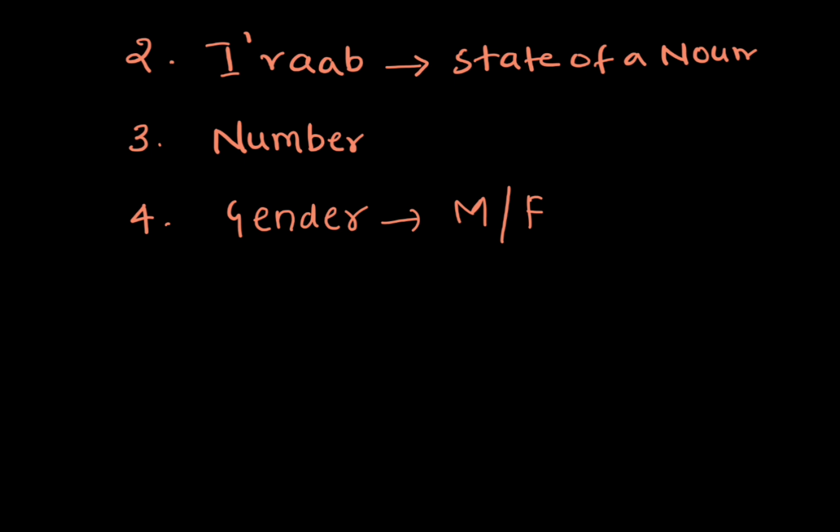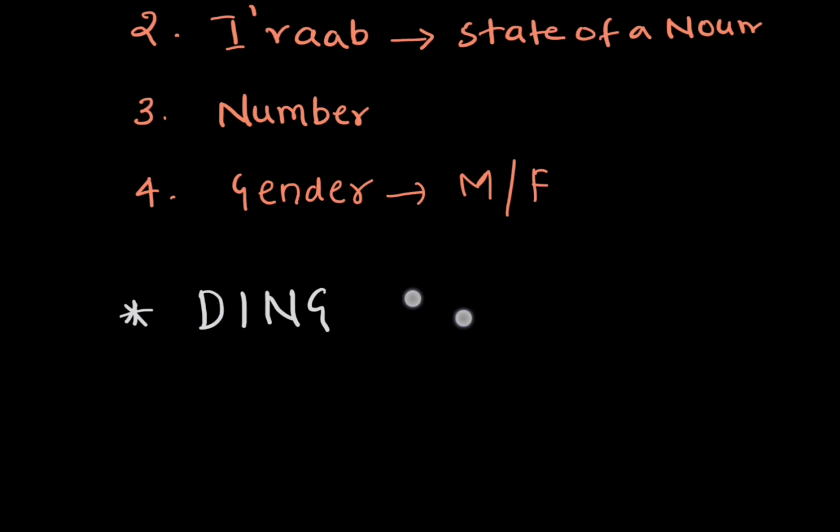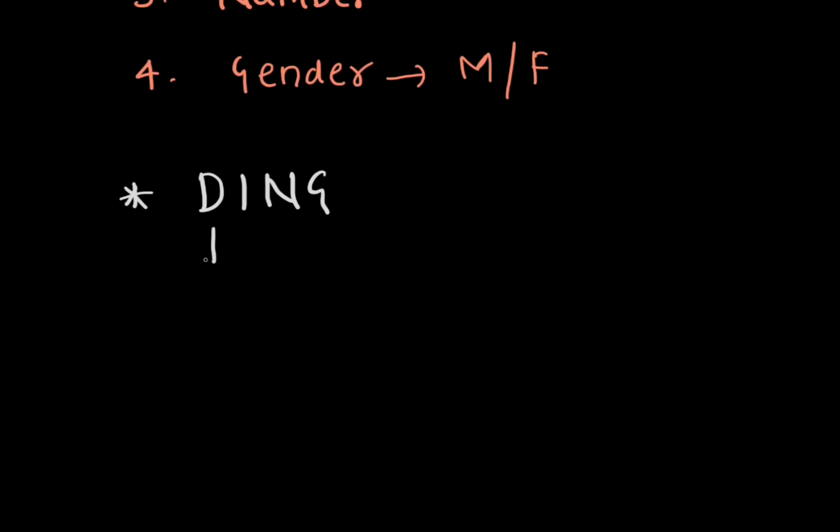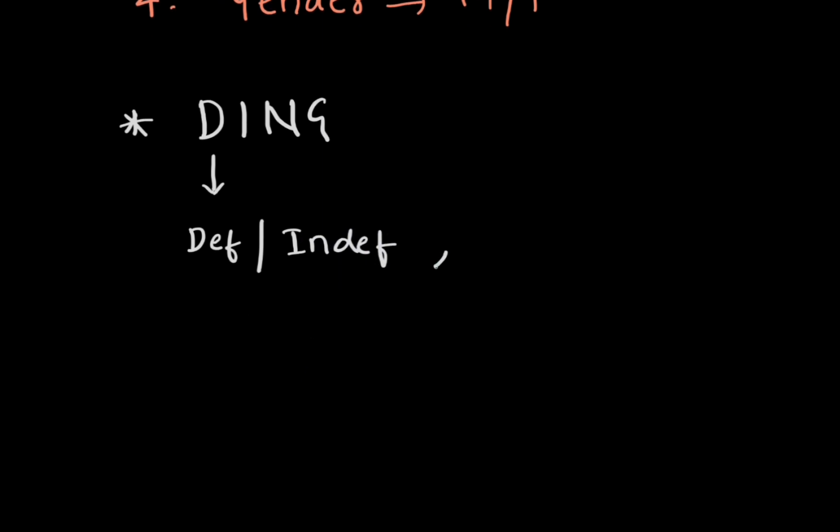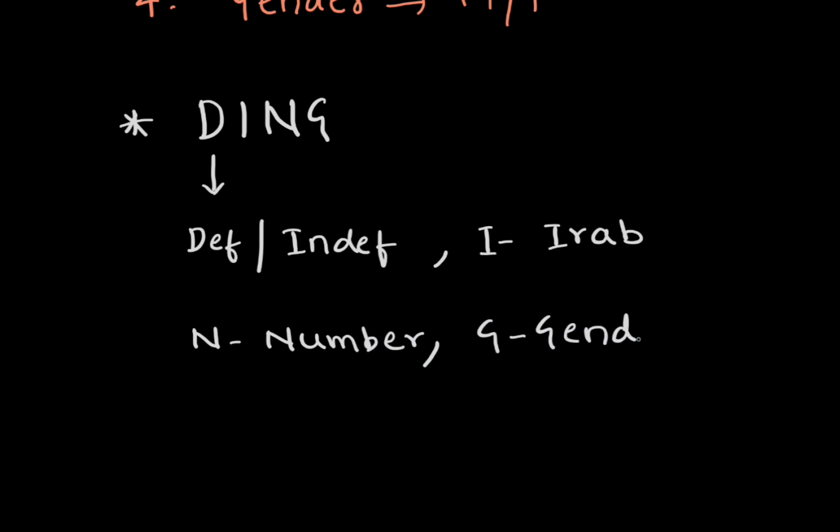So in short, we can say it as DING, that is D-I-N-G. Here you can see this D stands for definite or indefinite, the I stands for i'rab, the N stands for number, and the G stands for gender.